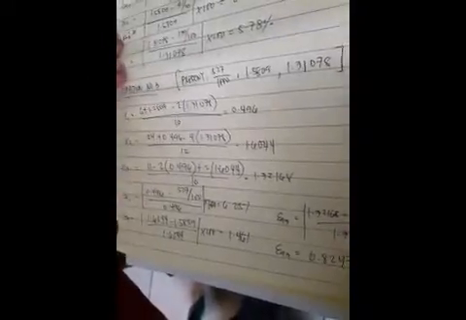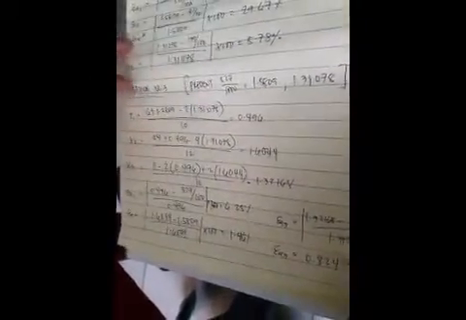For the percentage errors, we use the formula present minus past over present value times 100%, and we get 13.85% for EA1, 29.67% for EA2, and 5.78% for EA3.